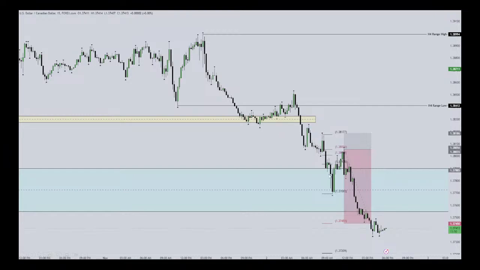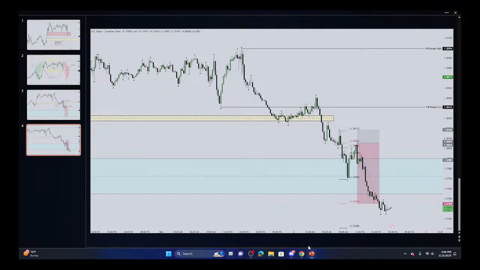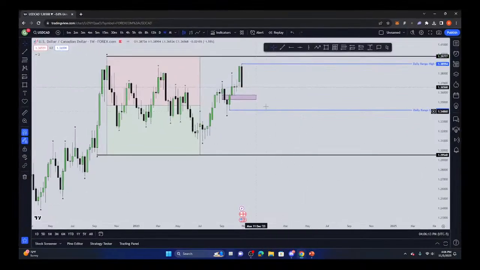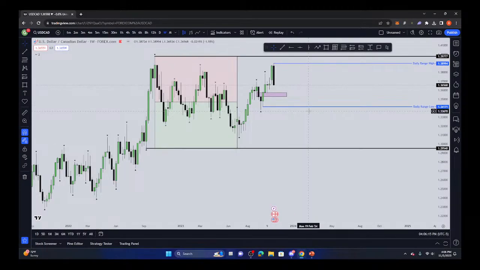So this large move right here, if we were to measure it with our fib from this high to this low, we can take an entry right at the OTE level of this range, which price tapped into right to the tick. Okay, it tapped right into the OTE zone of this level and then continued going lower. Alright, so this is the market maker sell model and what price did last week.